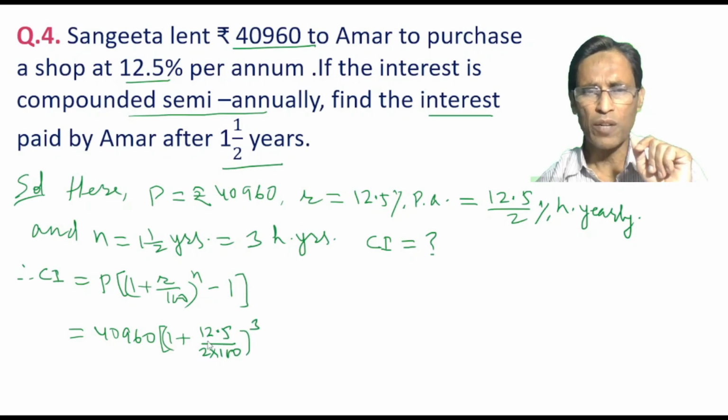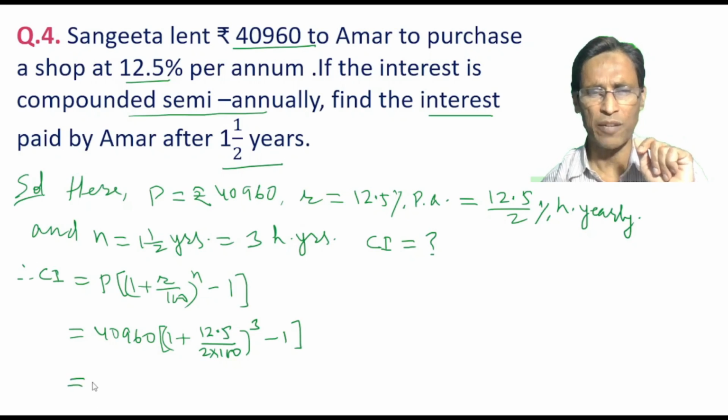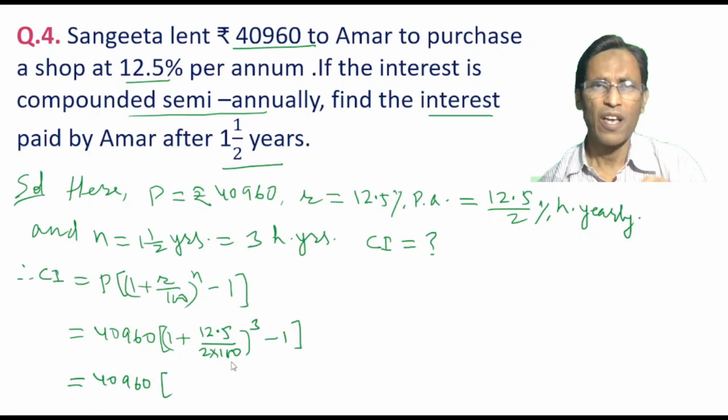It is 1 plus 12.5 by 2 into 100 to the whole power 3 and then minus 1. In the next step, 40,960. By observation, we can say 100 is divisible by 12.5 in 8 times.